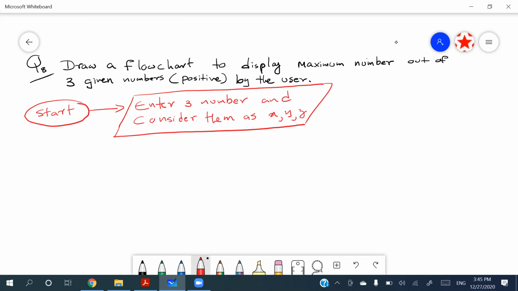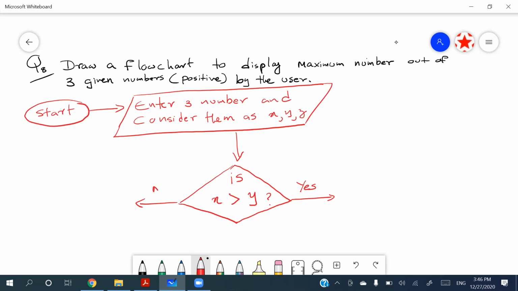So then we have to decide, right? The first decision that I'm going to make, I'm going to take any of these numbers. I'm asking the question, is X larger than Y? So I'm just taking 2 numbers and comparing them. There can be a yes path, there can be a no path.